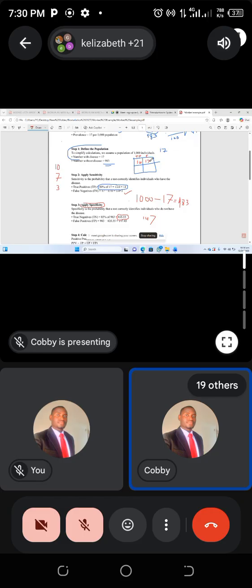Then the true negatives is 835, or 836. Then the false positives.